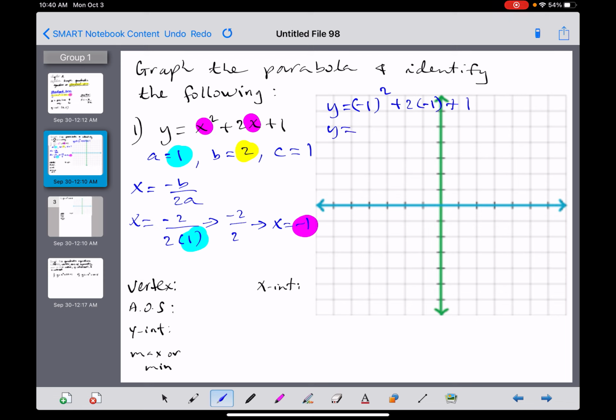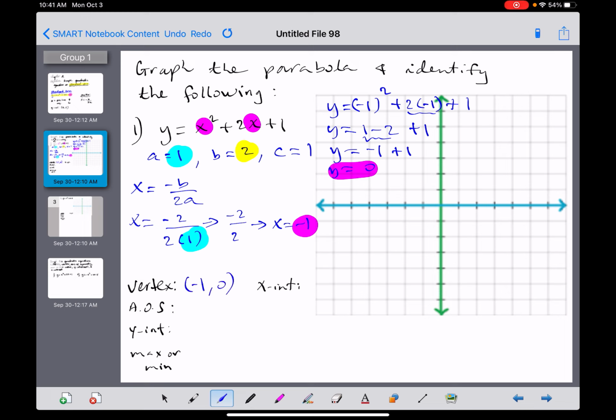Negative 1 squared is negative 1 times negative 1, which is positive 1. This gives us negative 2 plus 1. So y is equal to negative 1 plus 1, because 1 minus 2 is negative 1, and that's going to be 0. So my vertex is at negative 1, comma 0.